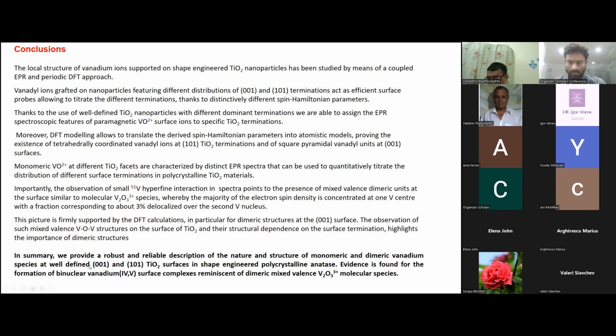In summary, we provide a robust and reliable description of the structure of monomeric and dimeric vanadium species at well-defined titanium dioxide surfaces in shape-engineered polycrystalline anatase. Evidence is found for the formation of binuclear vanadium 4-5 complexes, together with the monomeric species.